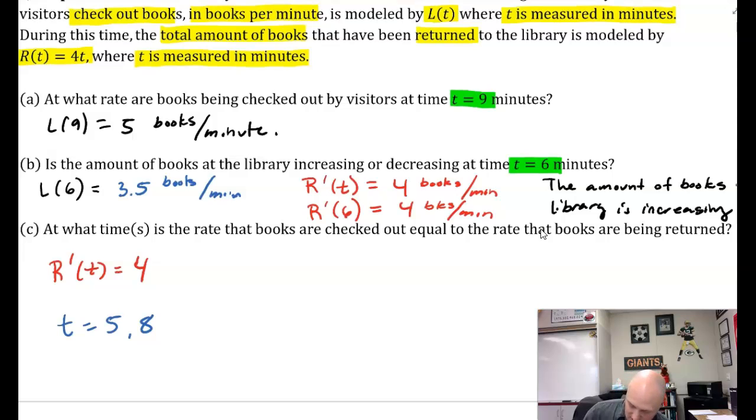And this is when R prime of t is equal to L of t. That's what we found out.